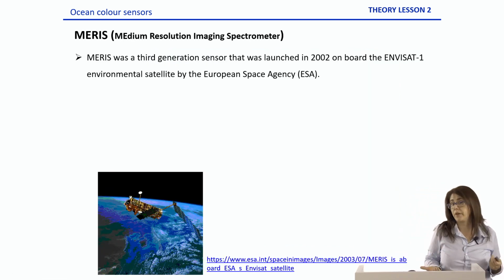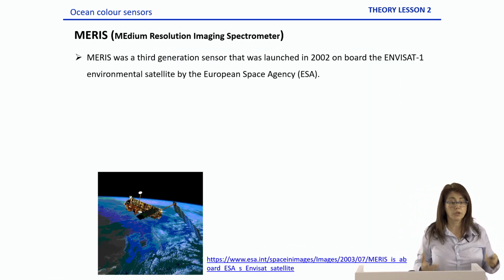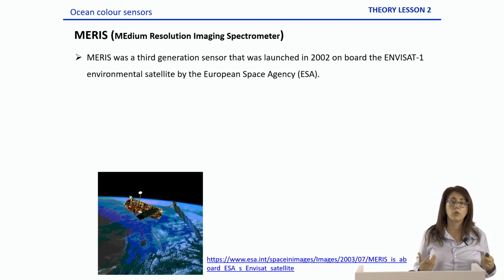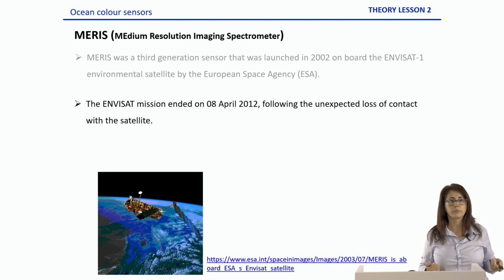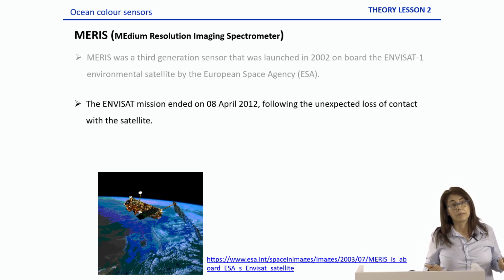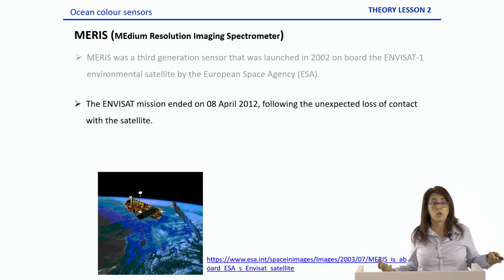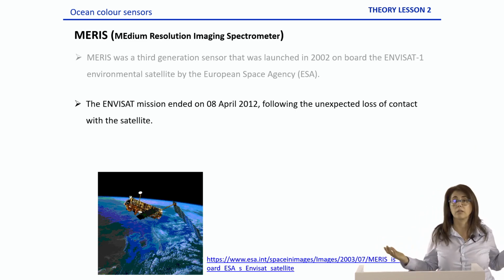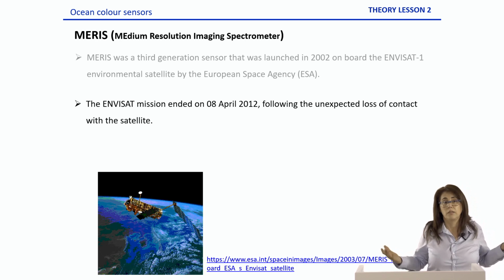So let's move to MERIS. MERIS was a third-generation sensor that was launched in 2002 on board the ENVISAT-1 satellite by the European Space Agency. One problem was that the ENVISAT mission ended suddenly in April 2015 when the European Space Agency suddenly lost contact with the satellite, and they don't know what happened.